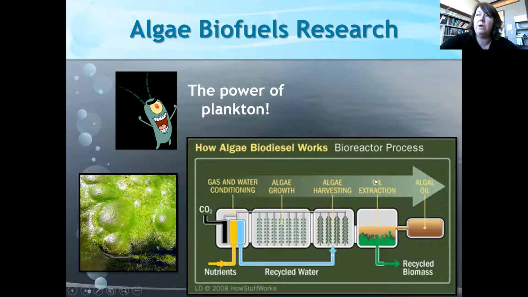We extract oil from them, and this oil can then get used as fuel, known as biodiesel. So we're just really at the early stages of looking at what kinds of algae make the best oil and type of oil that would be good for using in, say, jet fuel, for maybe even running our cars one day.